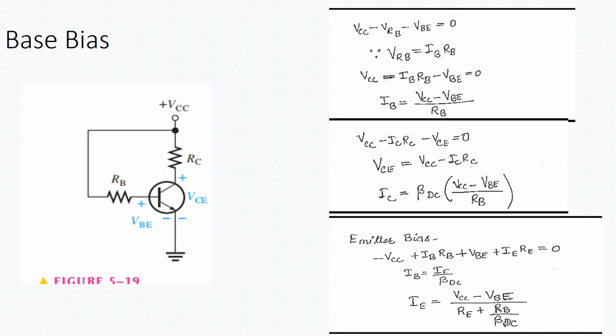So VCC minus IBRB minus VBE, this whole thing will be equal to 0, and this will give you the current IB equal to VCC minus VBE upon RB. Then apply KVL in the collector loop, which is written as VCC minus ICRC minus VCE equal to 0. This will define your collector current. So these two steps complete your base bias.